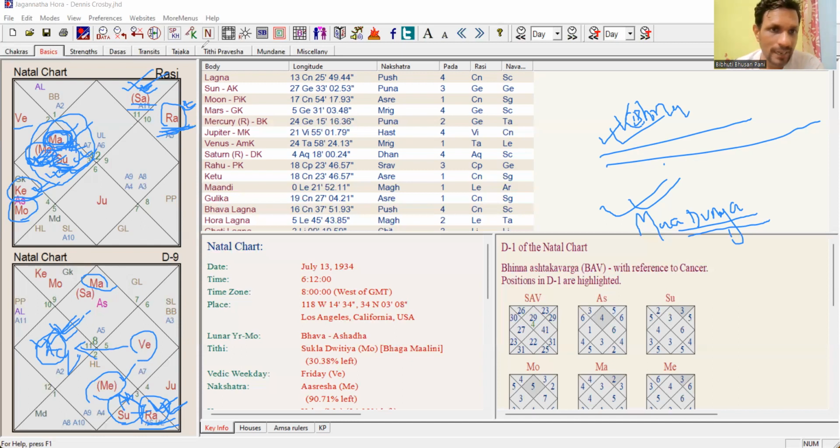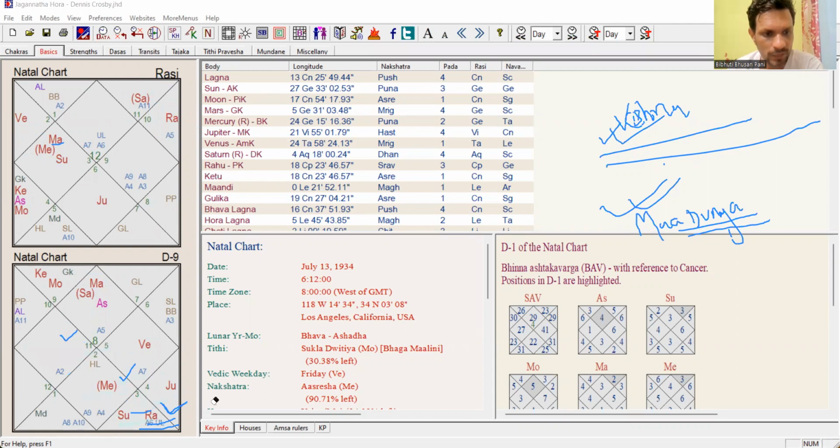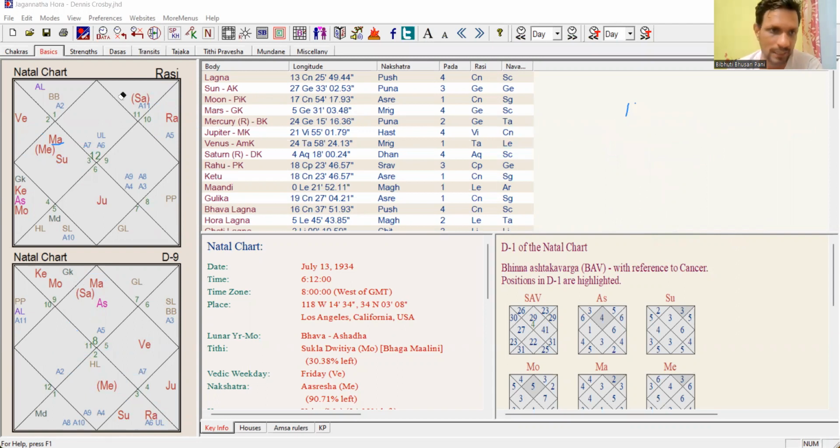So when we are analyzing any chart, we must analyze the chart as a whole and see all the things that are there in the chart. The next is the dasa. We must analyze the dasa along with this chart analysis, and we must use a proper kind of dasa.